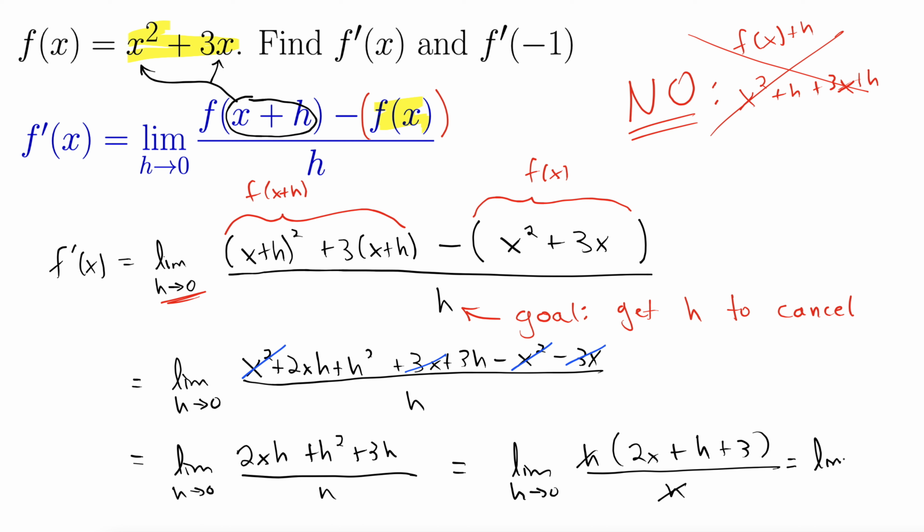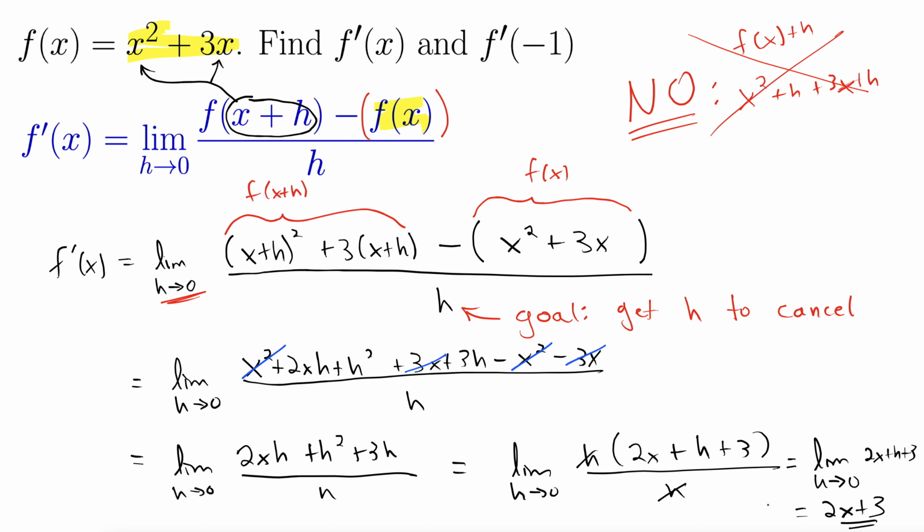So this is the limit as h goes to 0 of 2x plus h plus 3. And finally, we can just take that limit, let h go to 0, which leaves us with 2x plus 3 for our final answer. That is indeed the derivative.